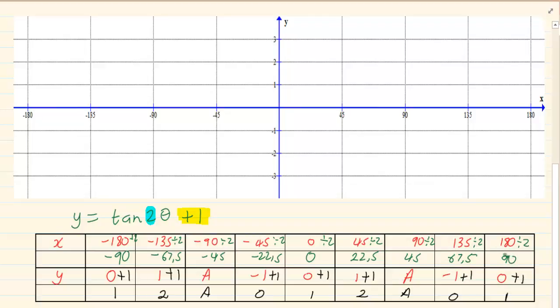Now let us plot the graph. If you look, your asymptote now, what are we using? Which coordinates? We're going to use the adjusted coordinates. So our asymptotes are now on minus 45 and on 45.